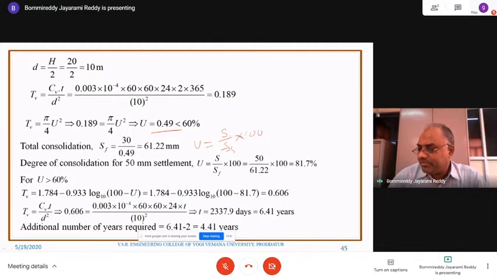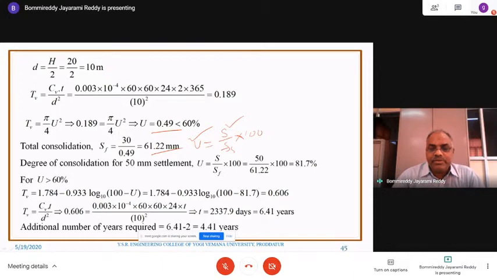Here S is known, 30 millimeters, and U is also known, but Sf is not known. You can find out Sf, which is equal to 61.22 millimeters.